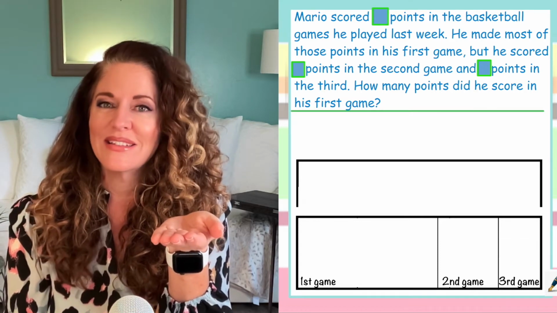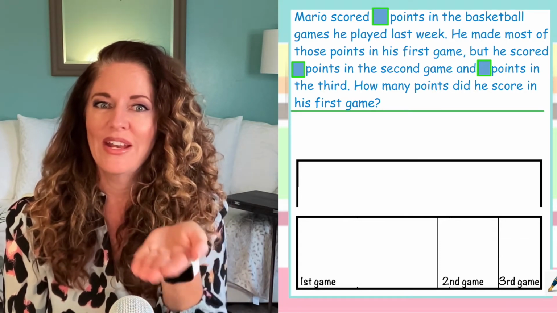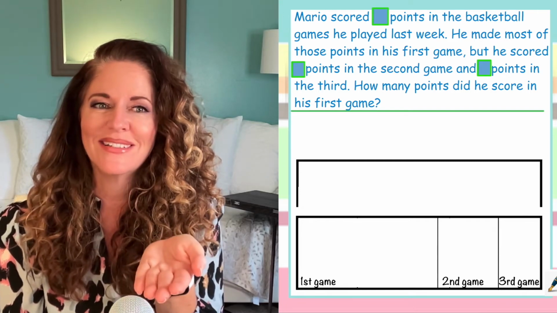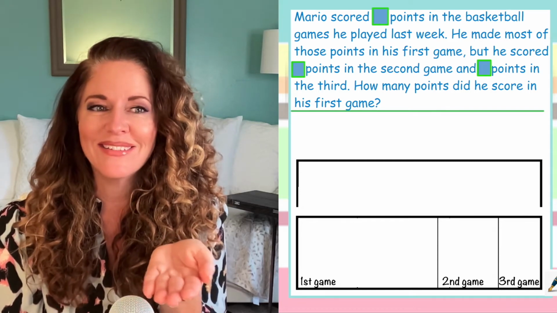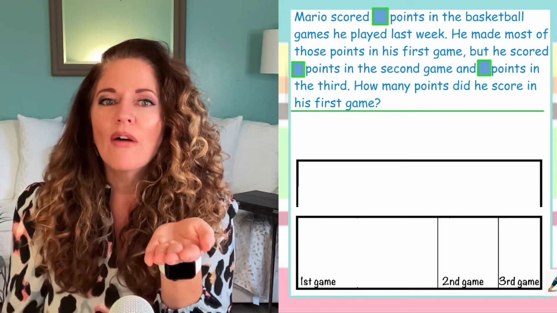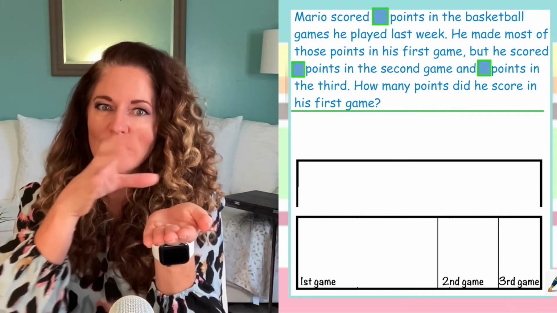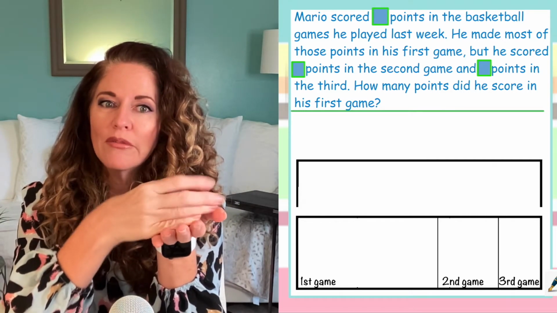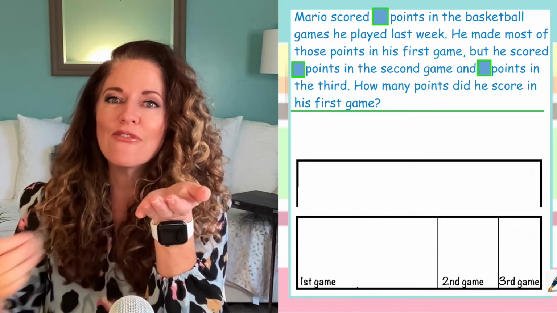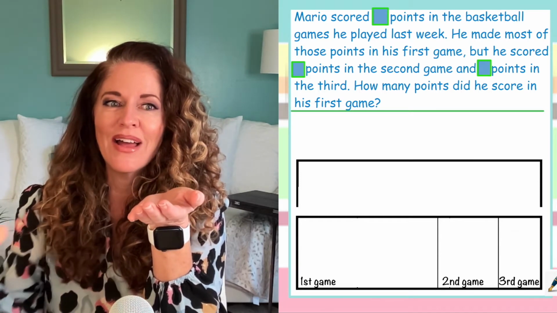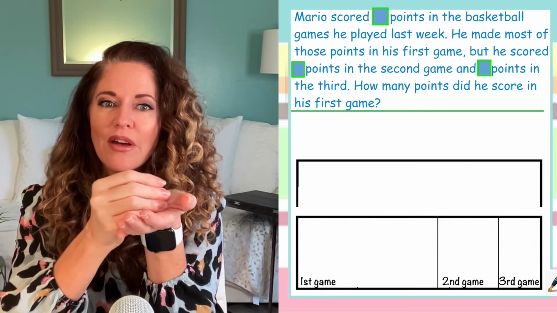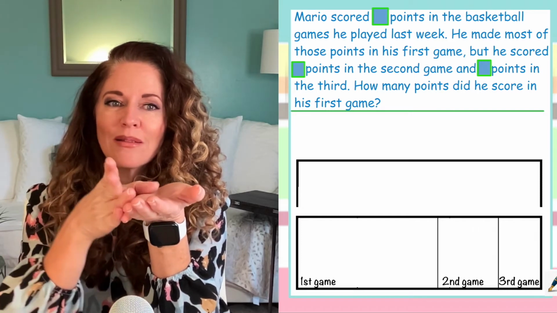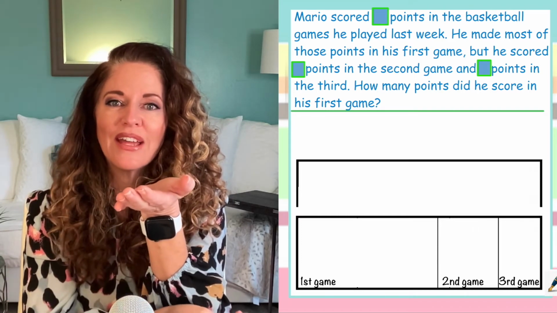Okay, let's see if this is a part or a whole that's in our hands under that first box by reading our next sentence. He made most of those points, so we're going to be pulling most of those points in his first game. He scored some points, though, in his second game and some points in his third game.